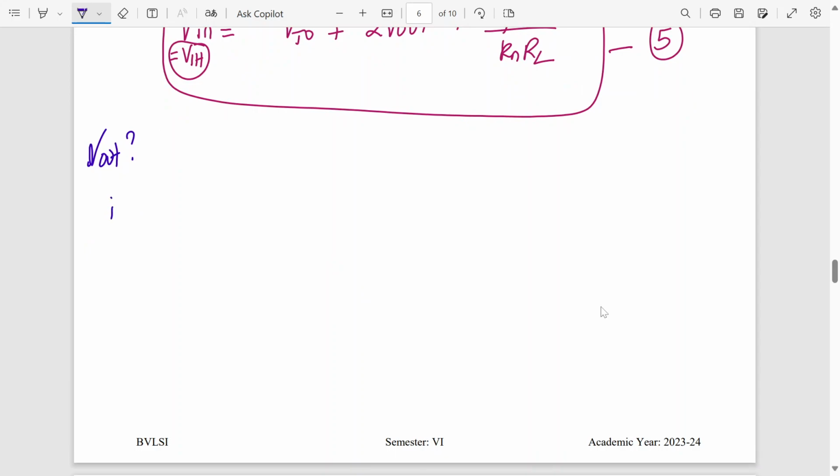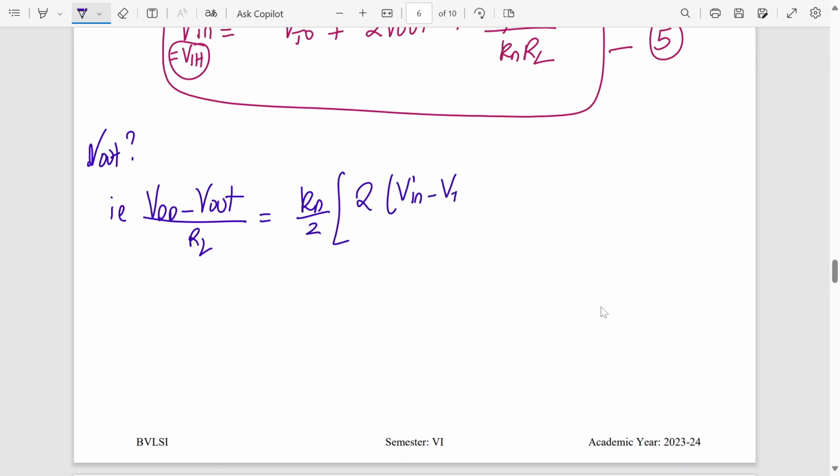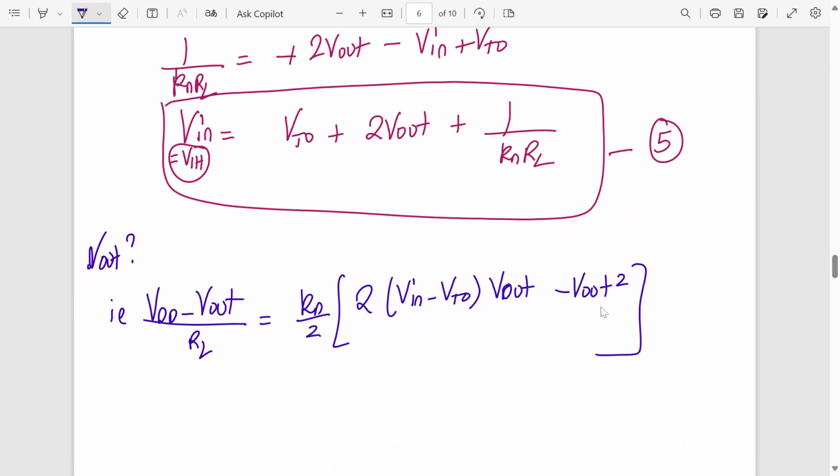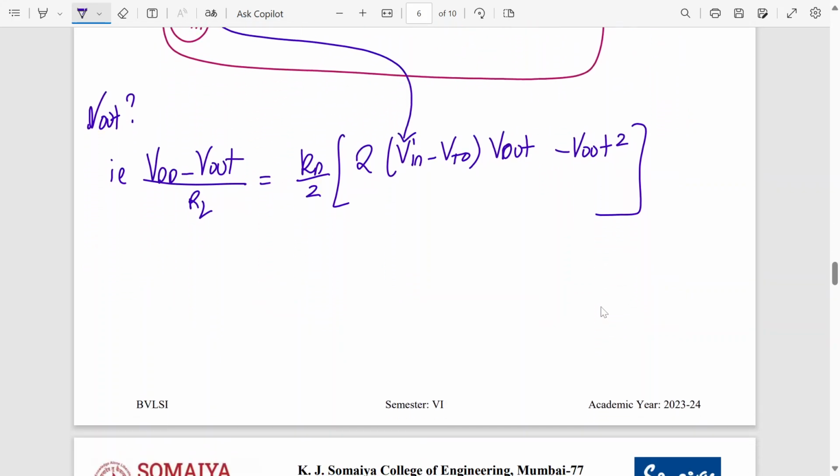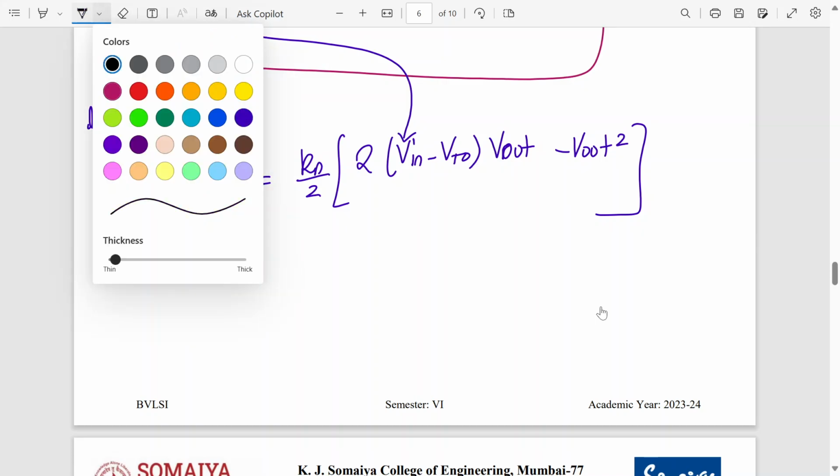So this will be VDD minus V out upon RL is equal to Kn by 2 into twice V in minus VTO into V out minus V out square. So basically wherever you have a V in term, you have to substitute it over here like this. Okay, so let's do that.